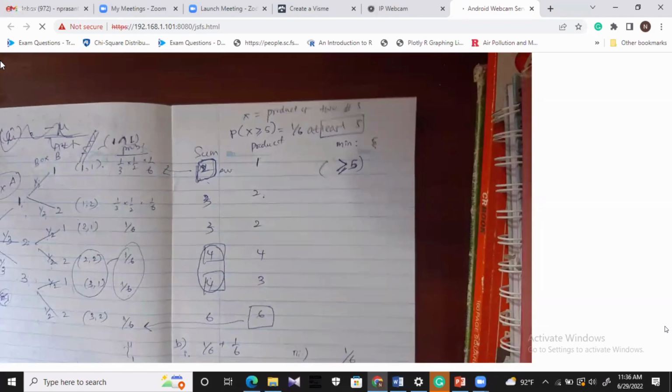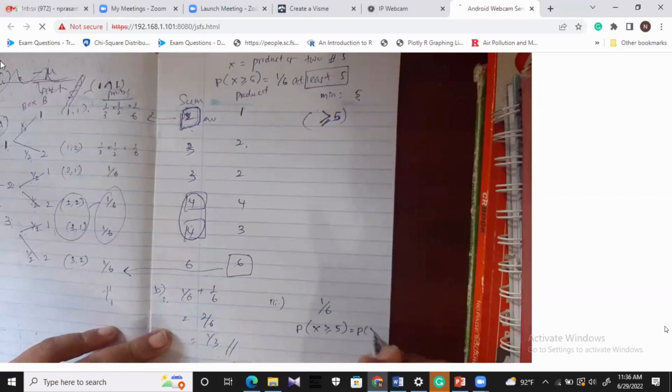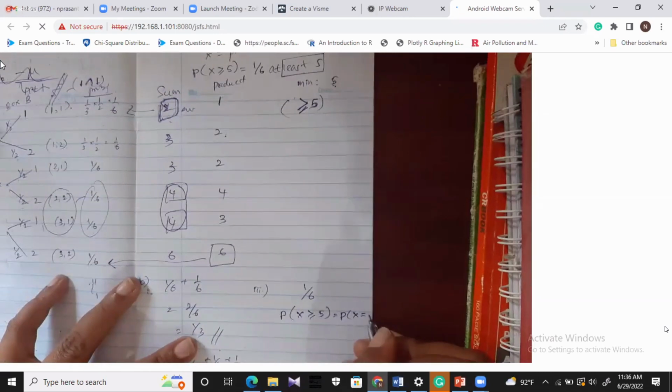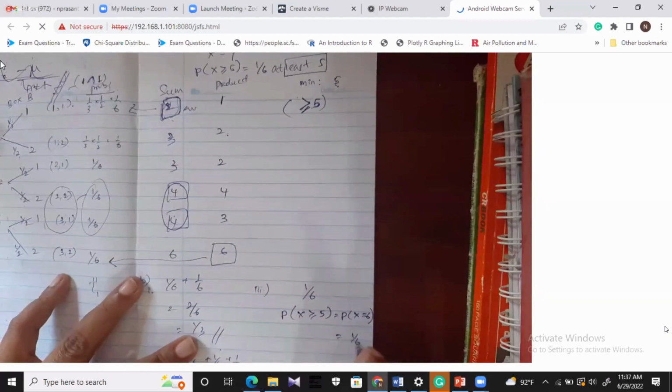Or you can write it as the probability of x greater than or equal to 5. That is equal to the probability of x when x is equal to 6. So that is equal to 1/6.